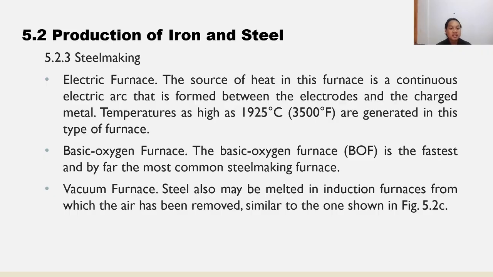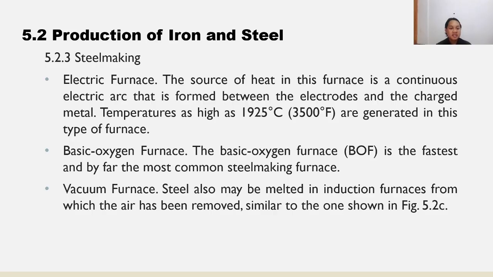Electric furnace is the source of heat. In this furnace, a continuous electric arc is formed between the electrodes and the charged metal. Temperatures as high as 1925 degrees Celsius are generated in this type of furnace.